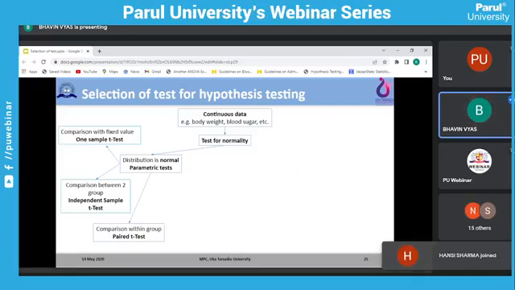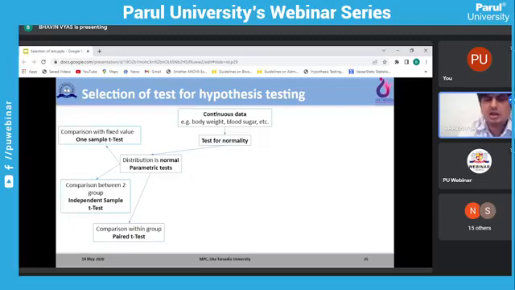Now, after checking the distribution, you came to the conclusion that you need to apply a parametric test. The second point you need to consider for selecting the type of hypothesis test is how many independent and dependent variables there are.